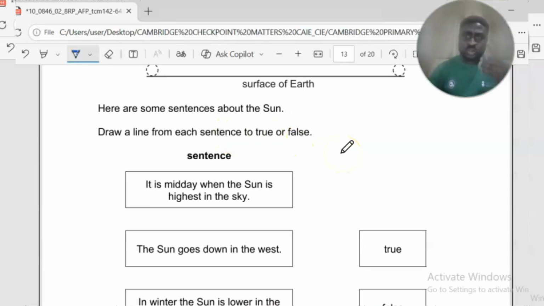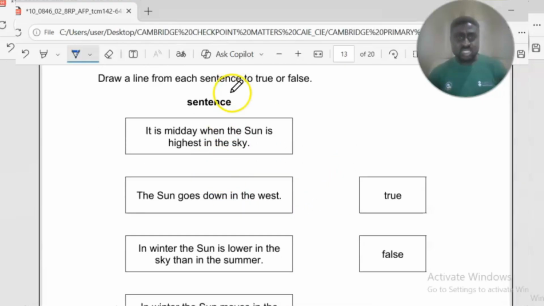So, the question wants to test your knowledge about how the rotation and the revolution of the Earth causes a movement that reflects different position of the sun per time, per season, and how we can apply this knowledge to either true or false. So we are doing a matching activity here. So this is the sentence.